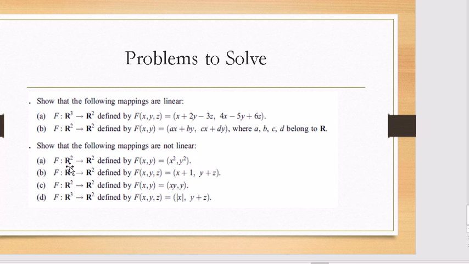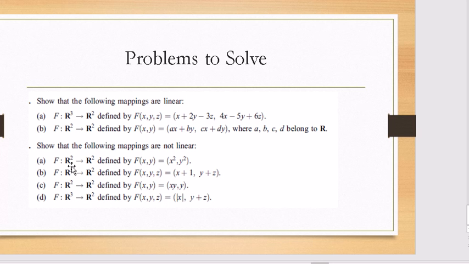We should take a specific value of v from R2, for example the pair (1, -1) or (3, 0), and we will multiply k and v, and then we apply f on kv, and we will check whether it is equal to k times f of v or not. If f of kv is not equal to k times f of v, it means we are done. We have proved that this mapping is not linear.